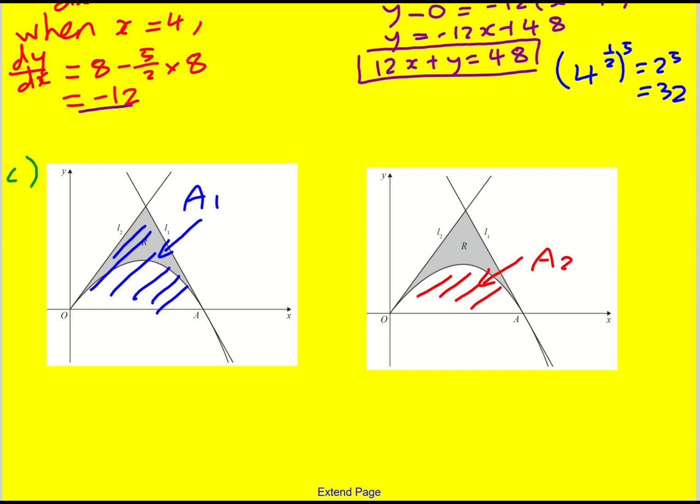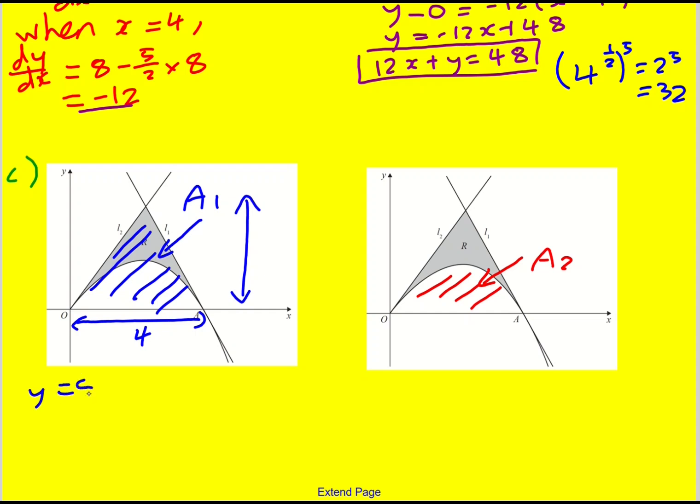So first for the triangle, the base is going to be 4, because remember the x value of A was 4. Just need to work out the perpendicular height. But this can be done by solving the two tangents simultaneously.